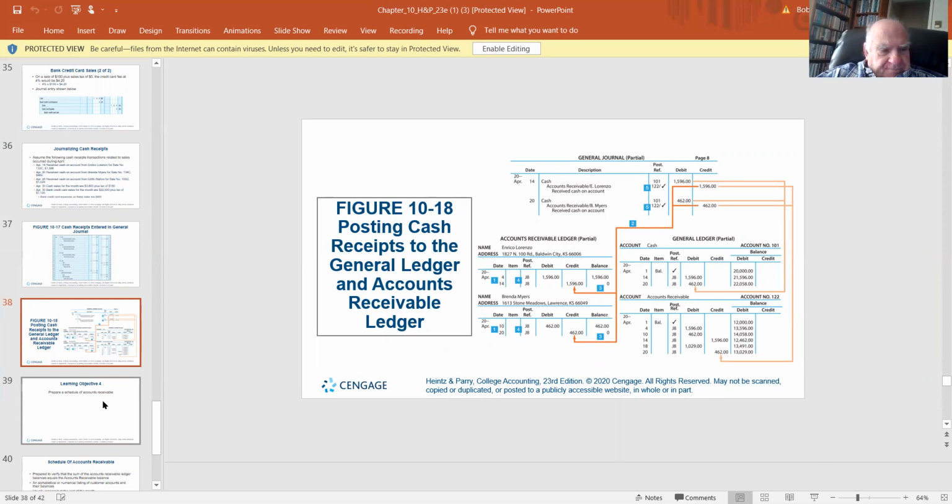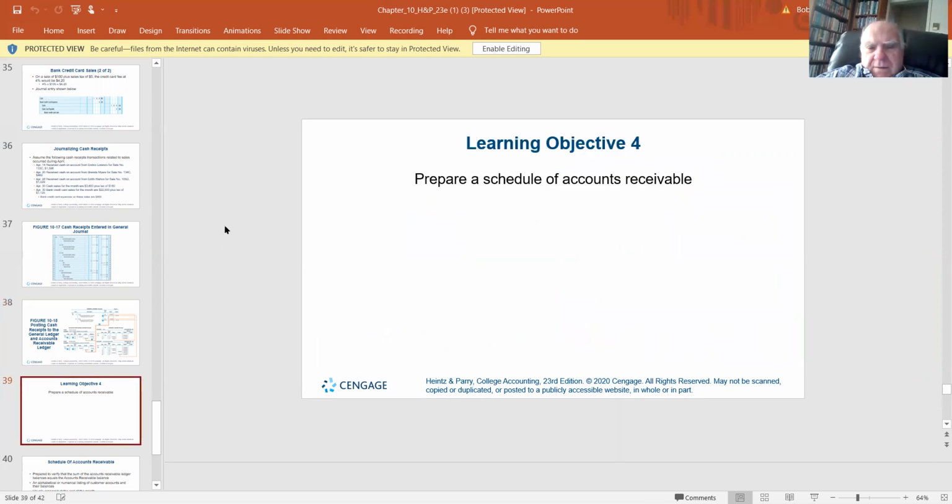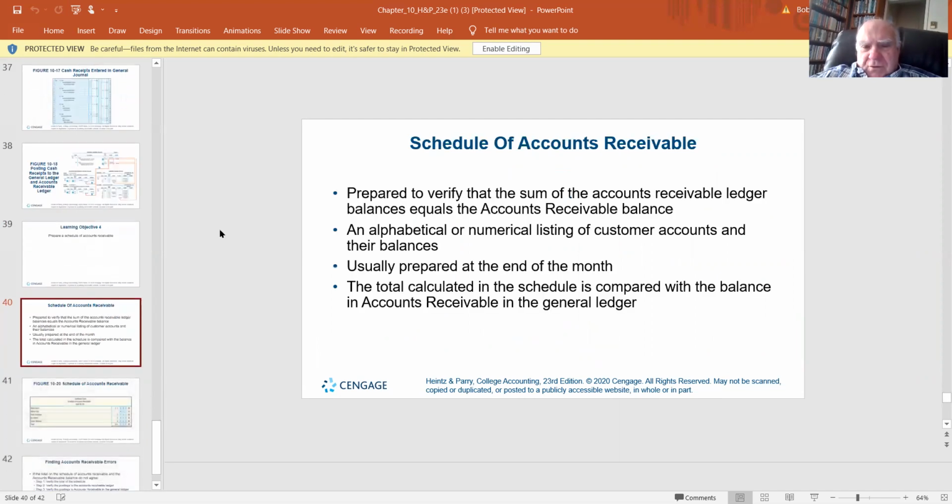Now it's the end of the month. We just need to prepare a simple, I don't want to use the word simple, although it is simple. We want to prepare a report called the Schedule of Accounts Receivable. And the only thing this does is list all of our customers and how much they owe us.